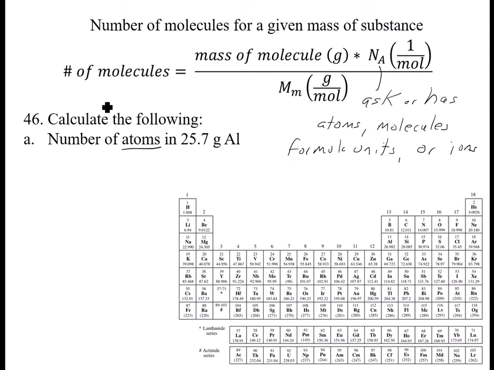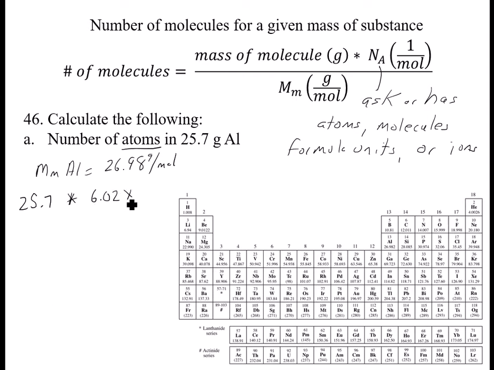So, now back to this one. The number of atoms in 25.7 grams. So I need the molar mass. The molar mass of aluminum is simply 26.98 grams per mole. So I take the mass given, which is 25.7, times Avogadro's number. This is a constant.